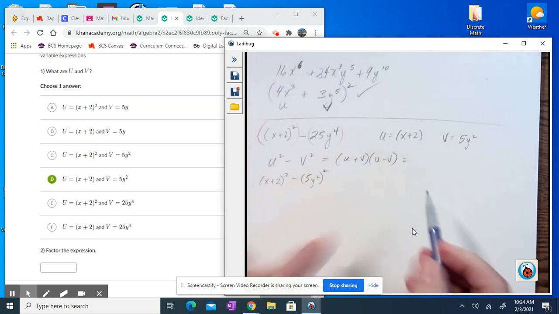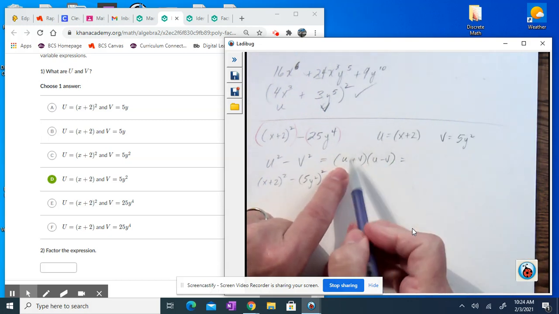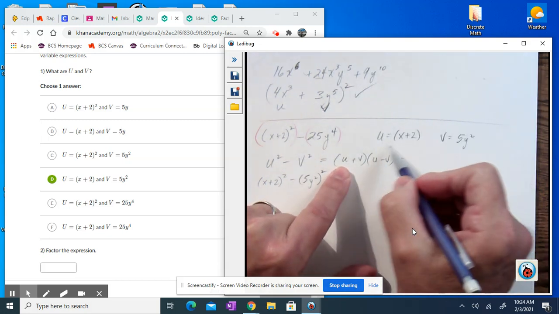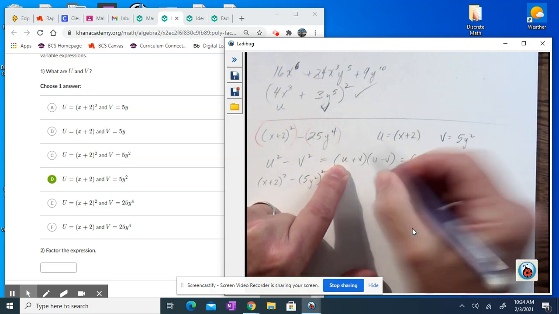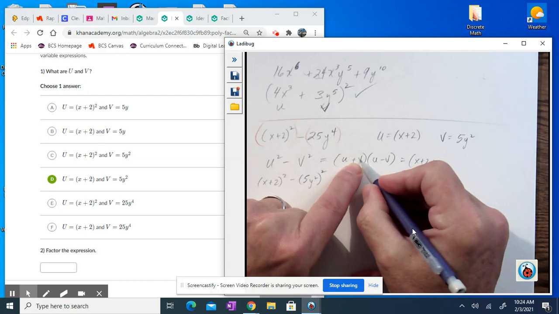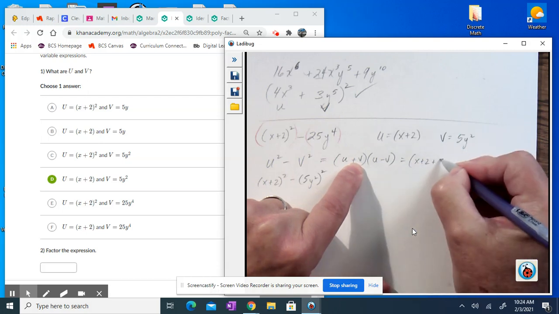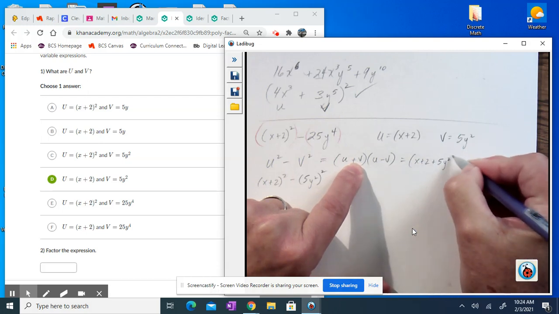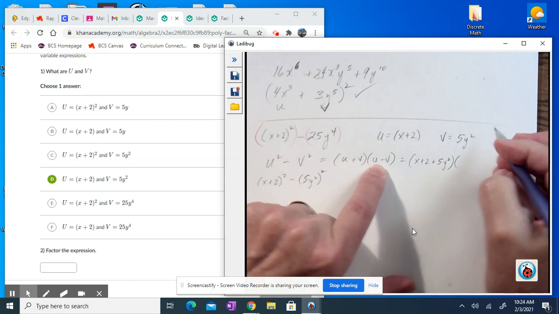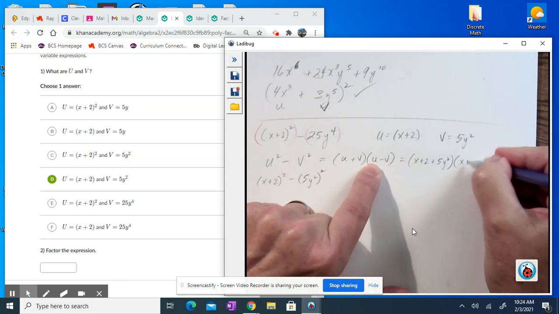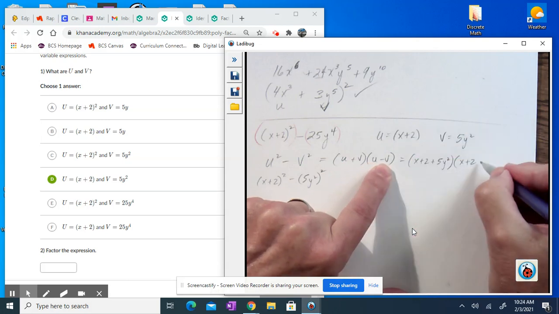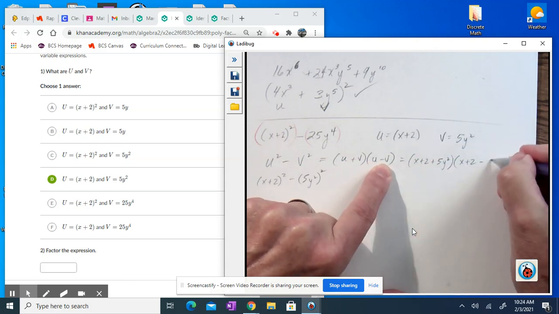Okay, so now we'll just substitute back in. So u is really just x plus 2, plus v is 5y squared, times u again, which is x plus 2, minus v, which is 5y squared.